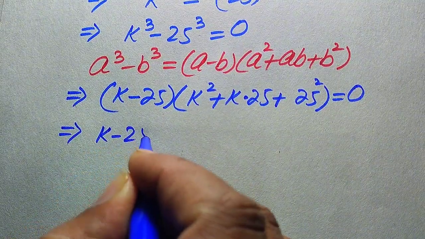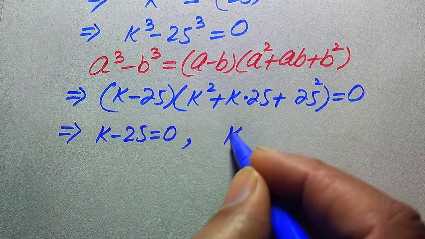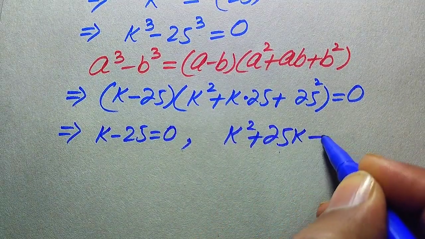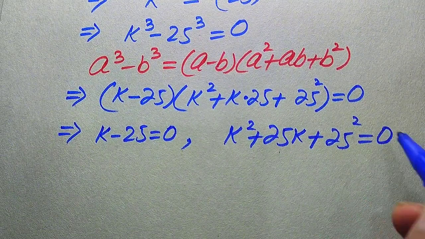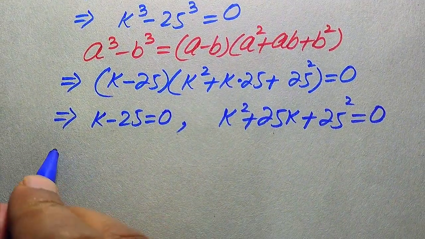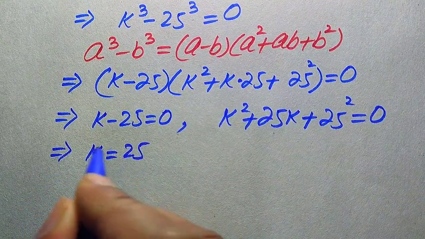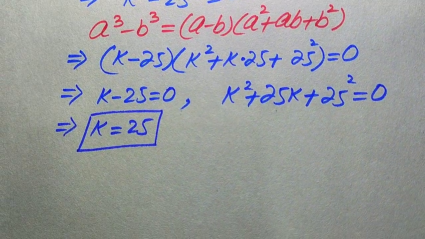The first case is we write k minus 25 equals 0, and the second case is we write k square plus 25k plus 25 square equals 0. And now from here we easily get the value of k. So here we get the value of k is equal to 25. This is the first real root of the given equation.